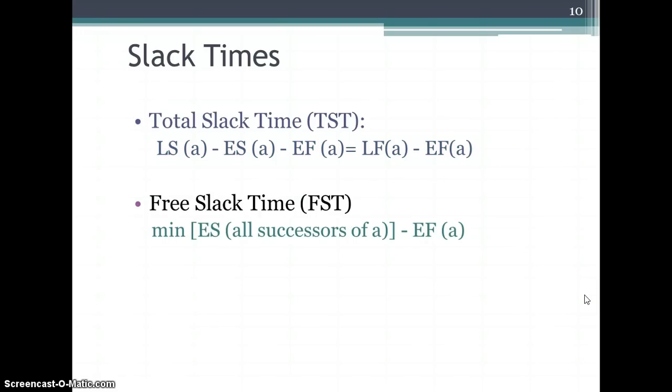We also have something called free slack time, which is basically a way to look at what's sort of left over. Most people don't use free slack time, but it can give you some additional information about the critical path in terms of what activities have free slack in them. So that's our slack time. We will be using total slack time.